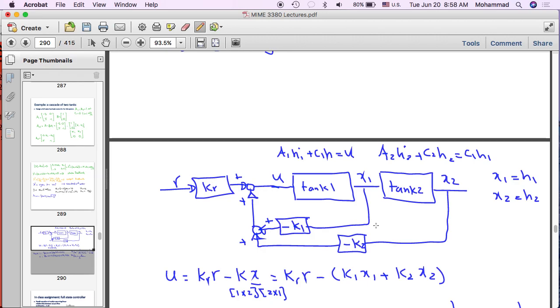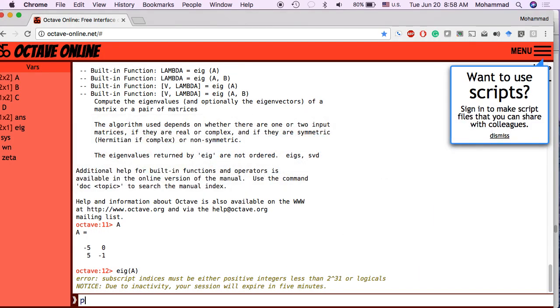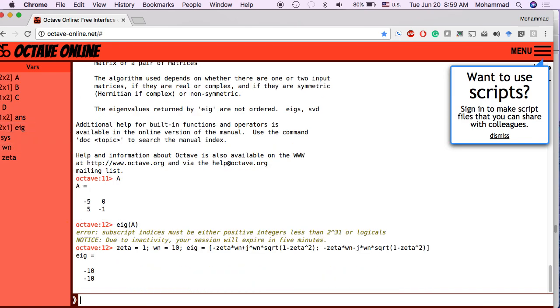So let's go ahead and use the place command for a new set of eigenvalues. We are going to make omega n 10 rather than 5, so we are creating two new eigenvalues located at -10 and -10.